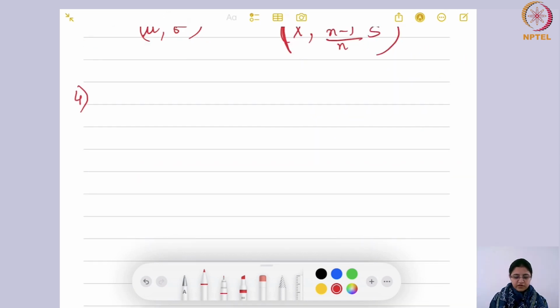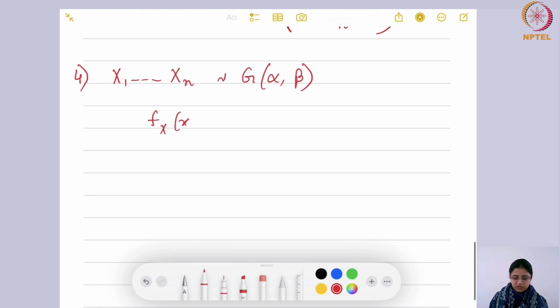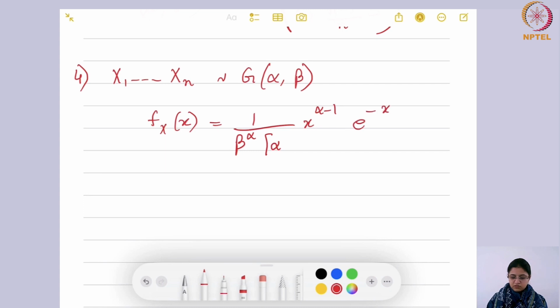Next we have the gamma distribution. So X1, X2, ..., Xn is coming from a gamma distribution with parameters alpha and beta. Suppose we consider the form of the gamma distribution with shape alpha and scale beta: f(x) = x^(alpha-1) e^(-x/beta) for x greater than 0, and 0 otherwise.